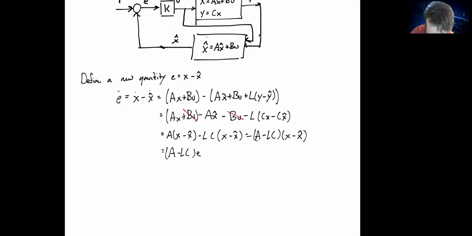So now our error system is ė = (A - LC)e.